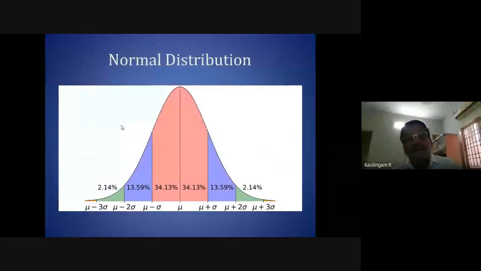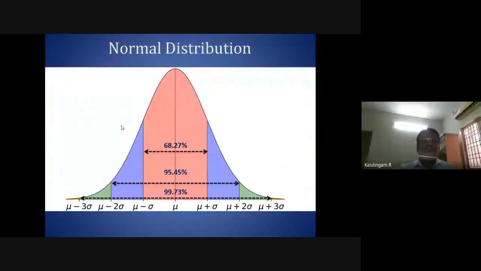See, every time we say 95%, it means we are taking 2 standard deviations on this side and that side. If it is beyond that, 5%, we are rejecting, taking 5% on both sides.